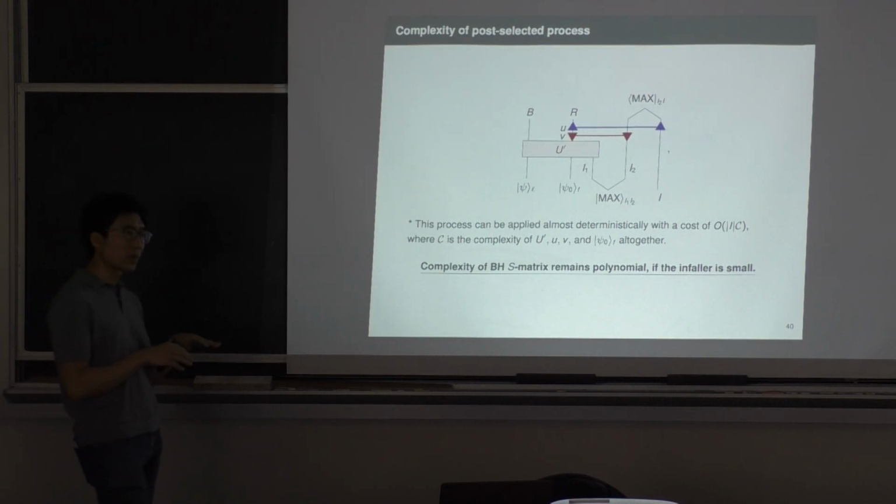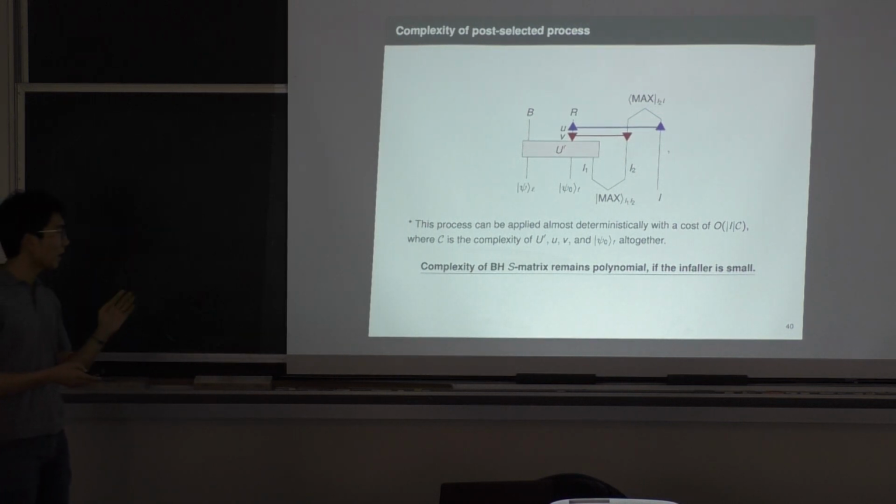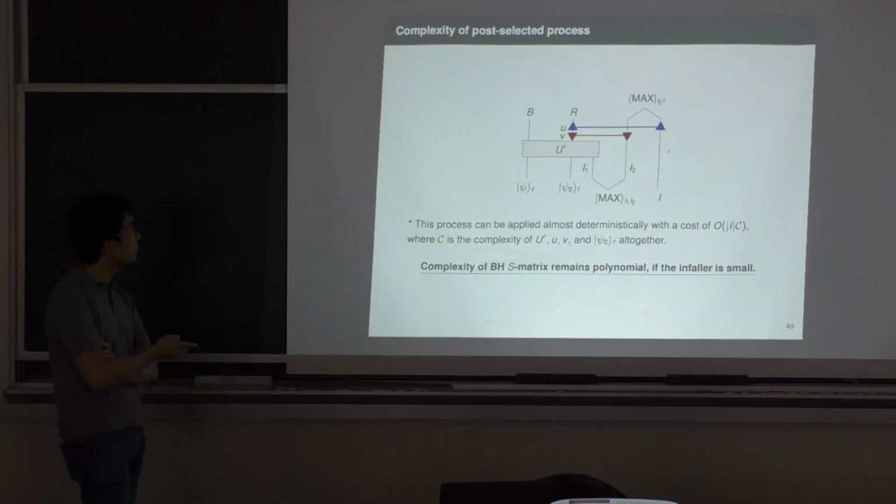So for a small enough observer, the complexity doesn't blow up so much, but there is still a question of what happens if the observer, the informer, is fairly large, still smaller than the black hole entropy, but no longer order 1.